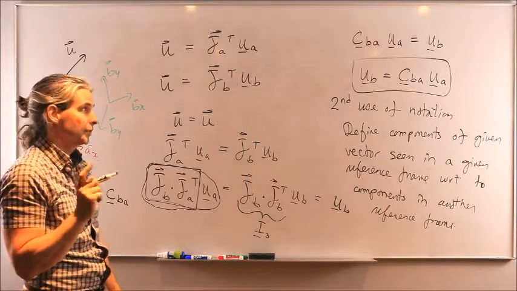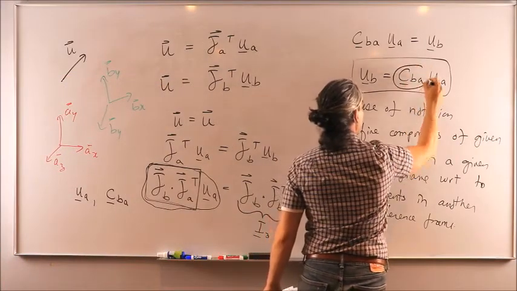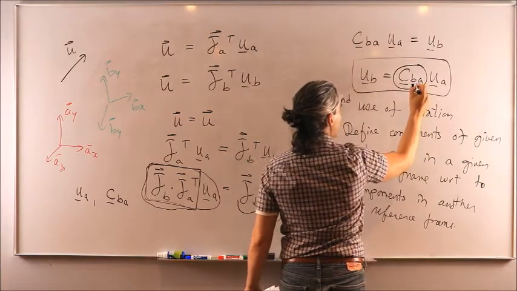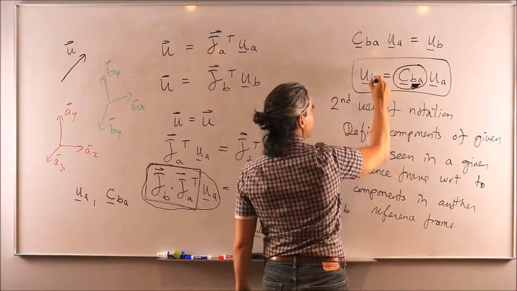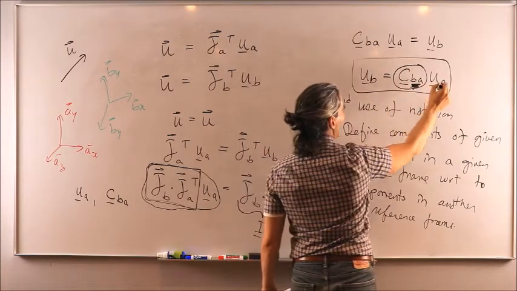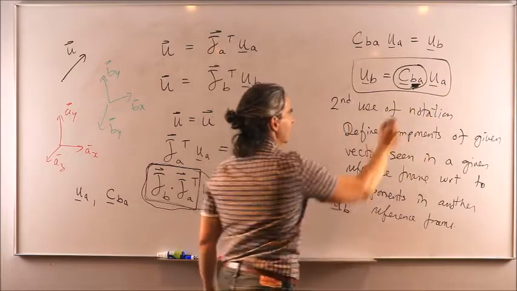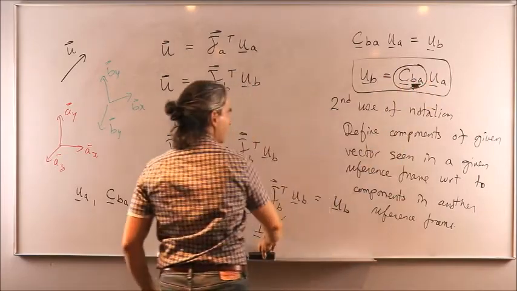But again, don't get mixed up, because this particular rotation matrix based on the subscripts, right, BA, allows you to go or to express the components in B given the components in A, or go from A to B, essentially. You know A, you know this, you want to go to B, well, just multiply these two together.